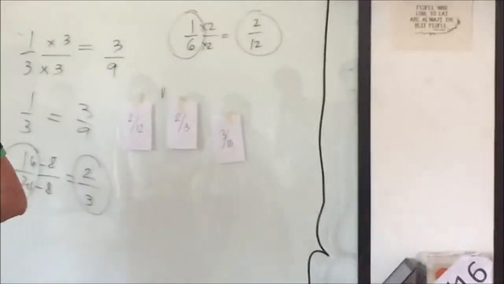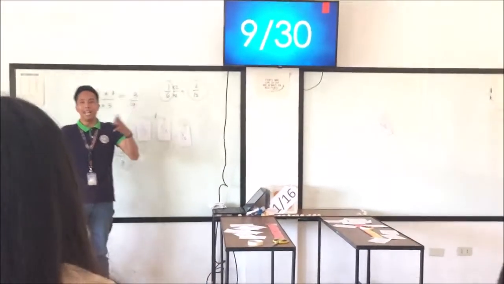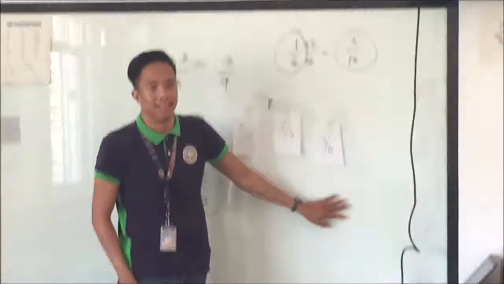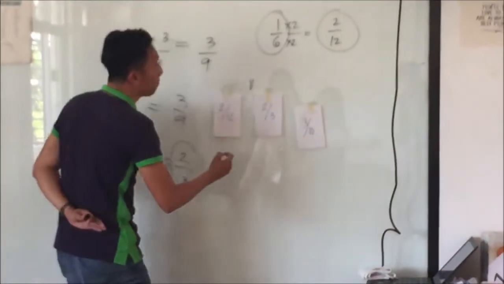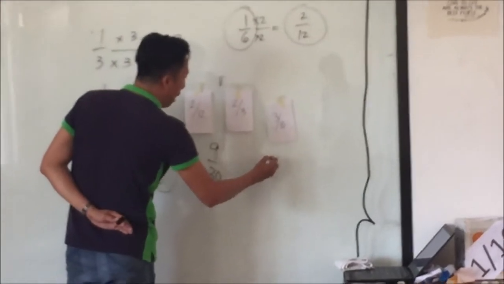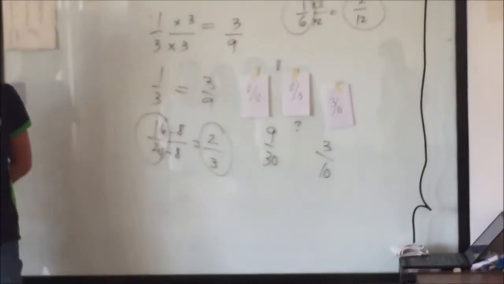Okay, now the first group to post their answer is group 1. And let's see if we are correct. 9 over 30 is equivalent to 3 over 10. Let's see.